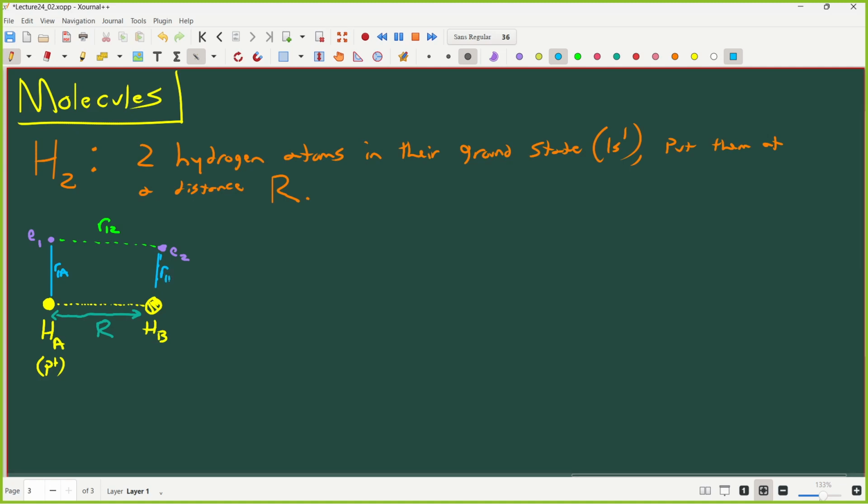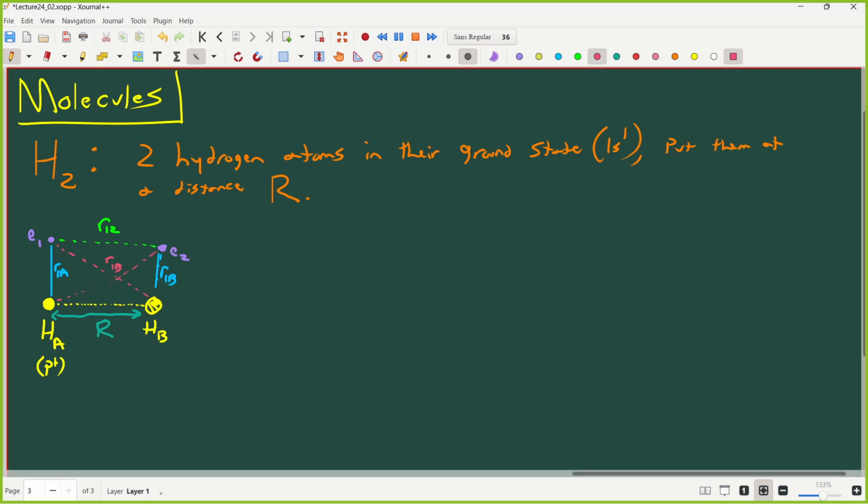There's R1B. Right, and there's also cross ones. We can measure the distance from E1 to B, and we can measure the distance from E2 to A, R2A. Right, so we have all these little distances that we have to keep track of in our molecule.